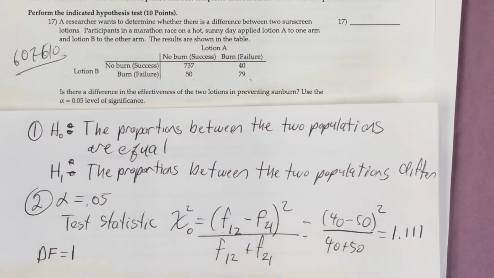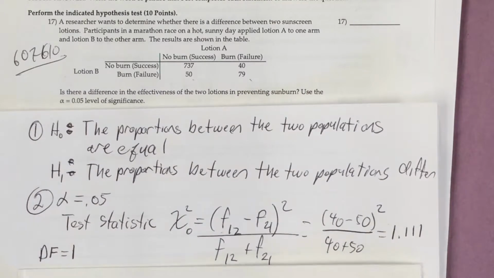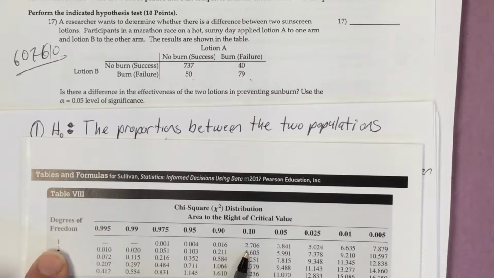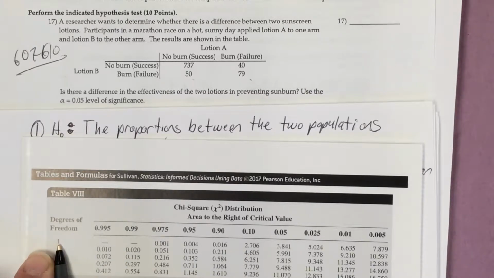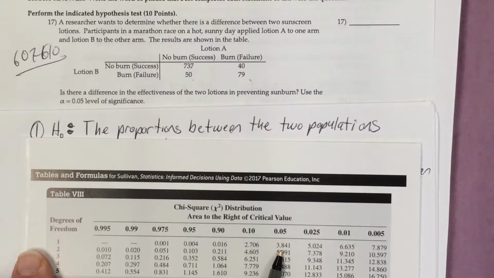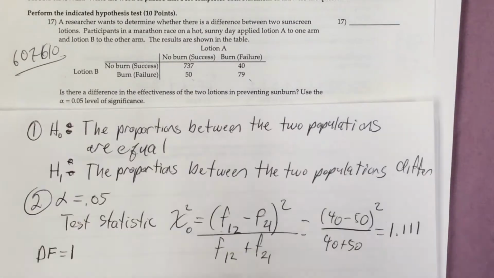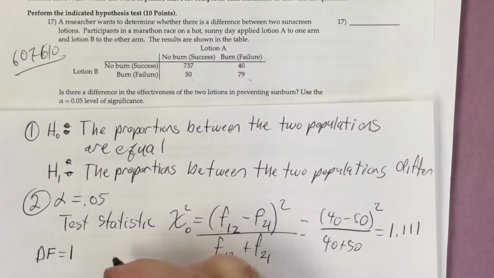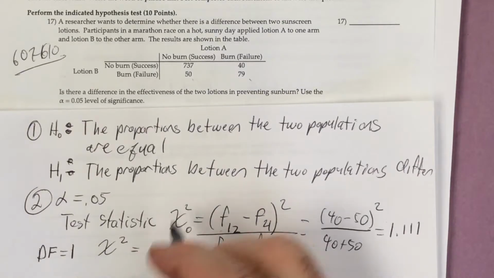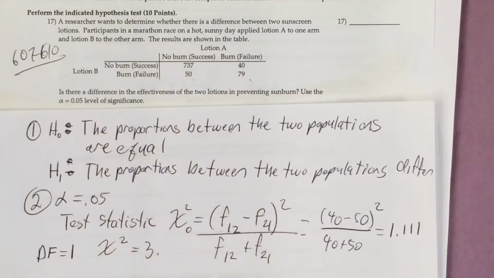So from the table, we're going to find the critical value we require here. We're going to look at degrees of freedom here, and we're going to look at 0.05. So we get the critical value equal to 3.841 from the table.